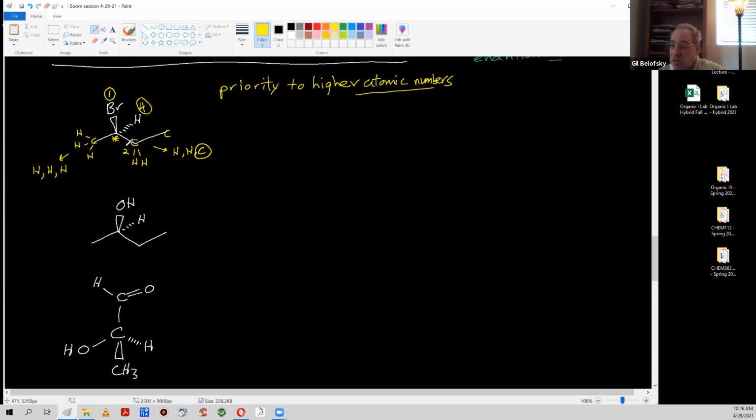So that one now is 2, and this one is 3. We've already assigned 1 and 4. Those were easy. 2 and 3 were decided by going out one more bond in all directions from this carbon and this carbon. So that's our priority groups, 1, 2, 3. Is 4 pointing away from us? Yes. So from 1 to 2 to 3 is clockwise. So it's our R configuration.